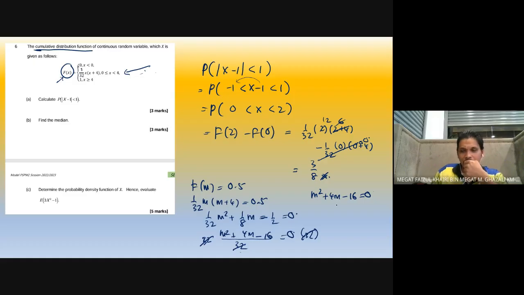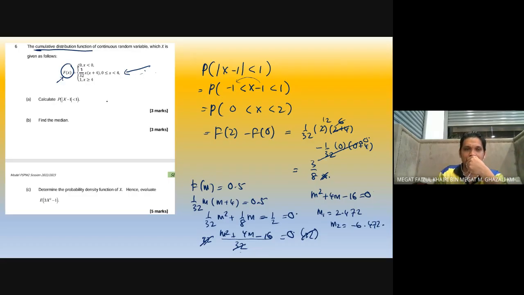You may use any method, using the formula, factorization, or the calculator. So you will get m1 equal to 2.472 and m2 equal to negative 6.472.